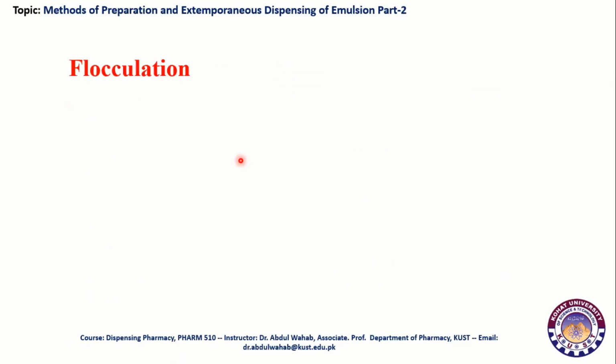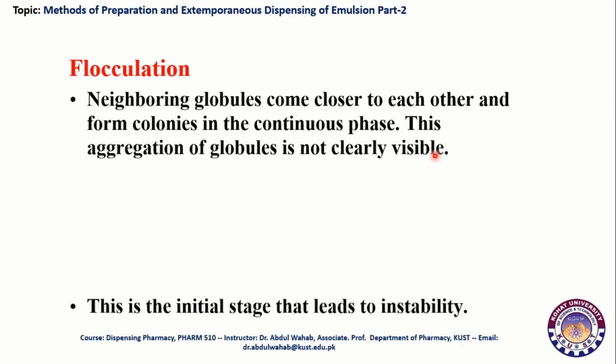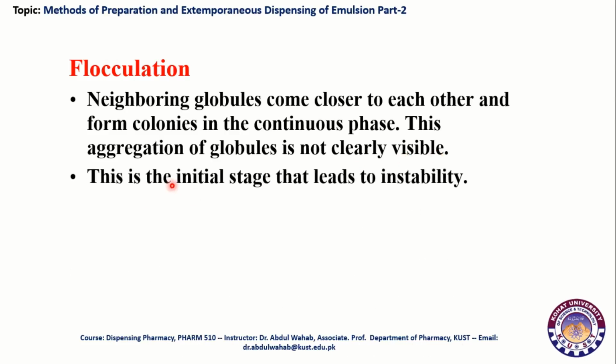In case of flocculation, you can see neighboring globules come closer to each other and form colonies in the continuous phase. This aggregation of globules is not clearly visible. This is the initial stage that leads to instability of the emulsion.